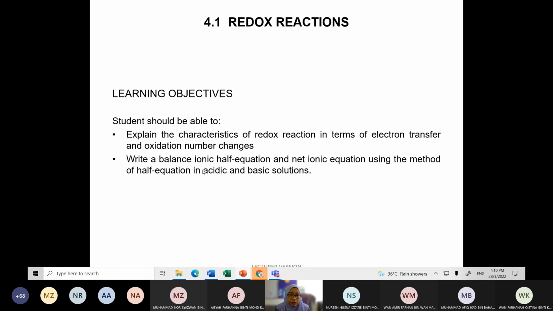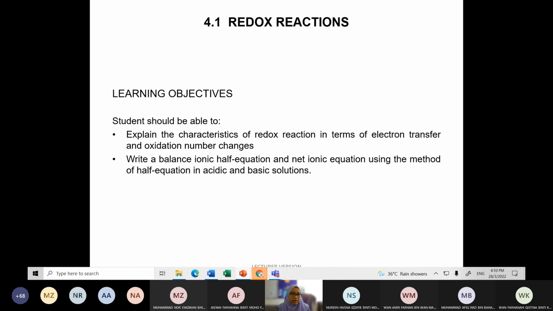So this might be new to you guys. You have to balance the equation. Normally we would balance the equation based on the number of atoms on the reactant and the product side only. But for redox reaction, you have to consider the electron number. You need to also balance the electron number, because we are talking about redox reaction.